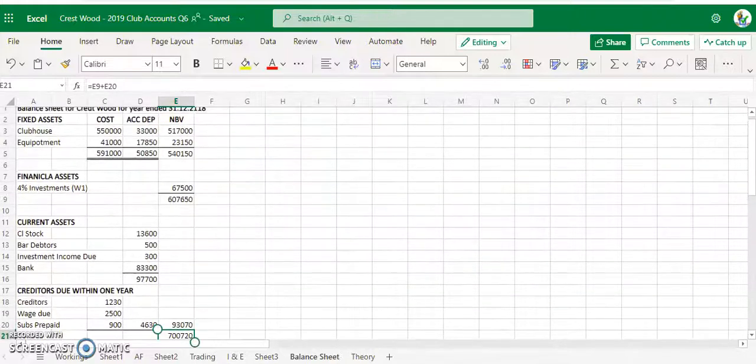So remember, fixed assets, looking back at question 1, we've got 2. Don't forget your financial assets from your investment income and how much investments we put away. Your current assets will also have closing stock and bar debtors. Remember, if it's an income and it's due, it's going to go into your current assets because it's money owed to us.